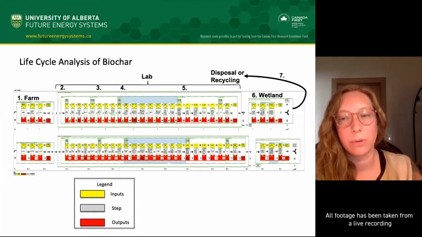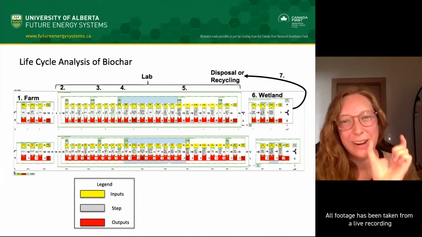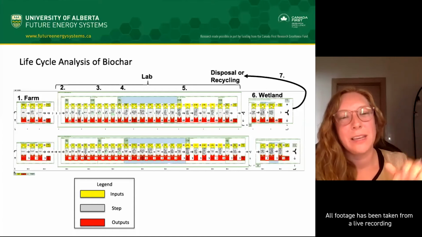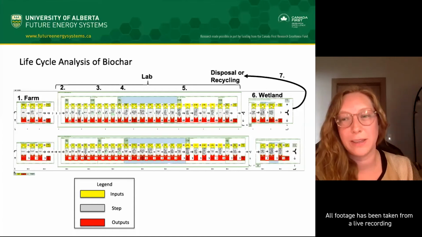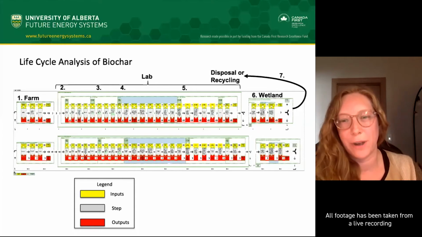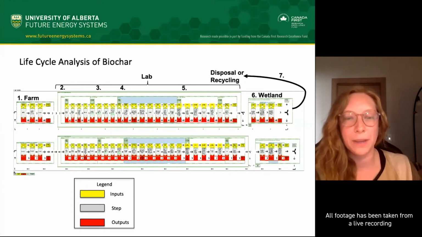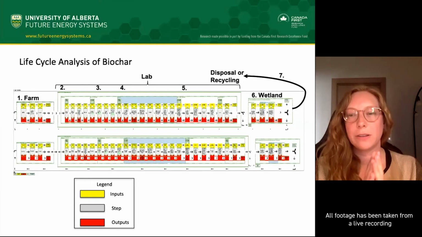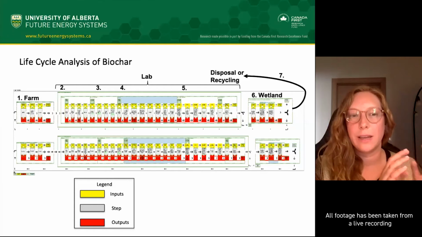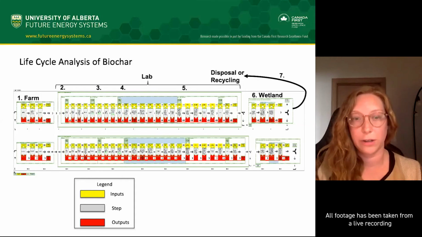And in this map, what's important to see is that for each of these tiny steps, which are within these broader phases or larger steps, you have inputs into that process. These would be things like electricity, and then you have outputs, which would be things like heat, for example, from heating the material itself. So that waste heat that would come out of it. And the point of adding all of these up and looking at this whole process is that we are able to then understand the full impacts and full inputs and outputs of the whole process of creating a material.